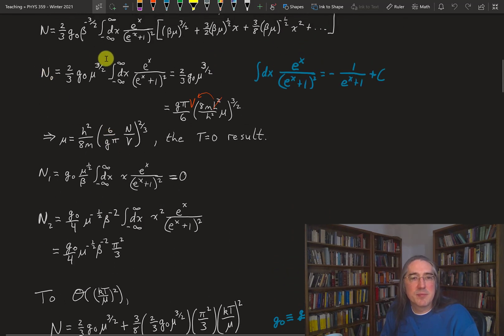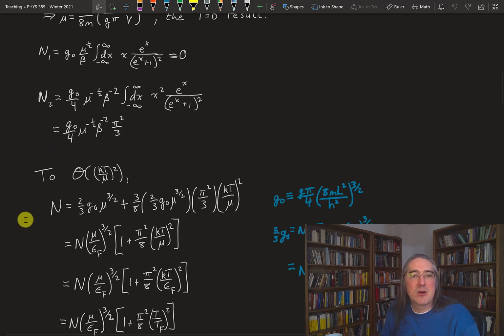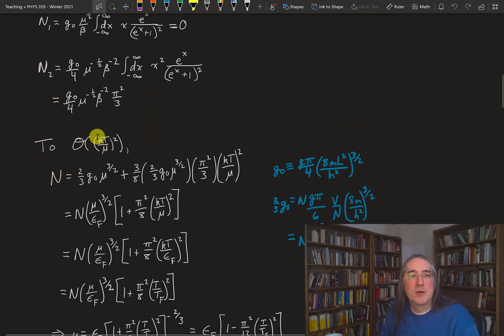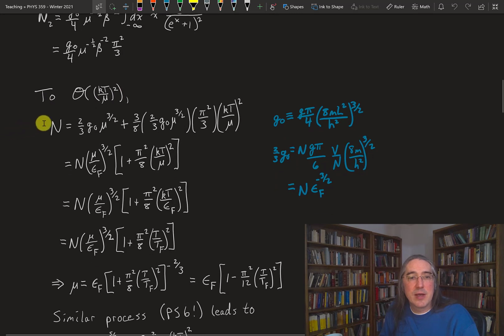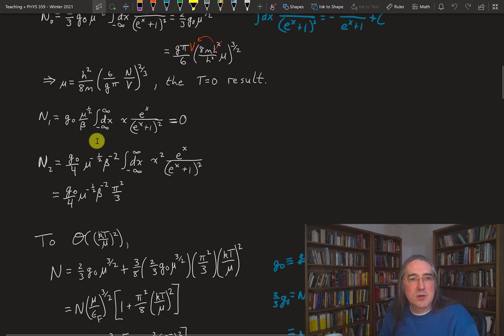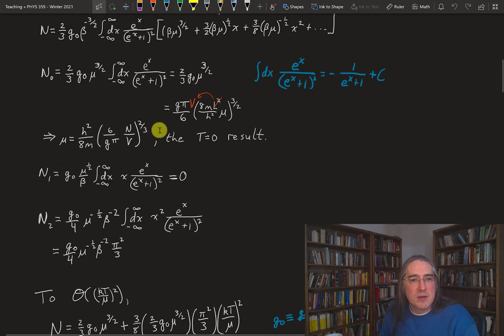So to order kT over mu squared, or 1 over beta mu squared, we have the following result. We're just going to collect up our value for n0 plus our value for n1 plus our value for n2, and that's our approximation to order kT over mu squared. So n is just the sum of those. This was just the Fermi energy here. So mu to the 3/2. Sorry, I shouldn't say the Fermi energy.